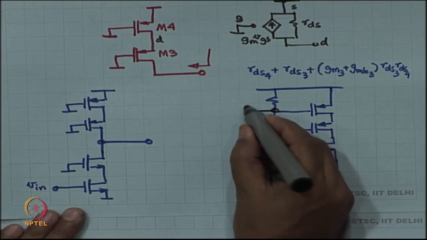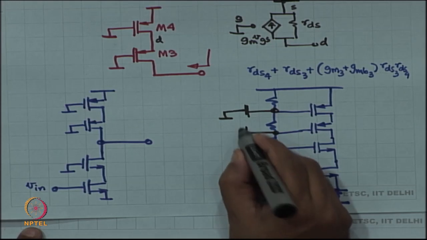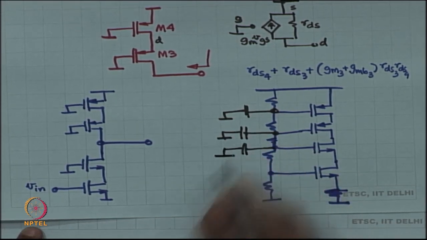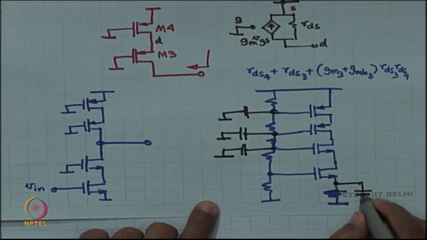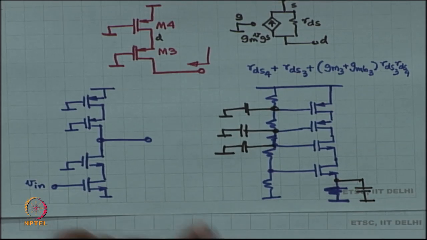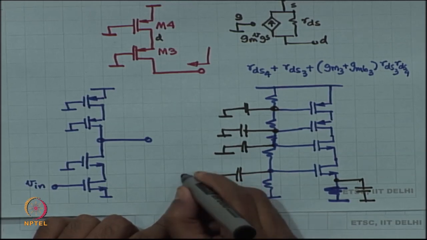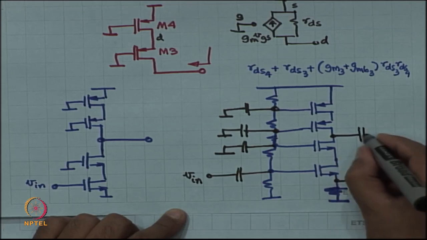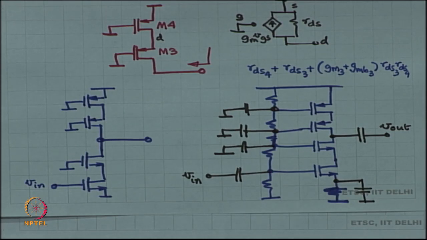So, this has to be capacitively connected to ground, this one capacitively connected to ground, this one capacitively connected to ground, and then this source degeneration has to be shorted out in the small signal picture, and then you have to capacitively connect this to the input and you take the output correctly through a capacitor. Is this okay?